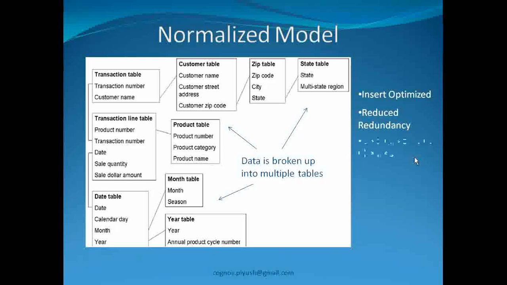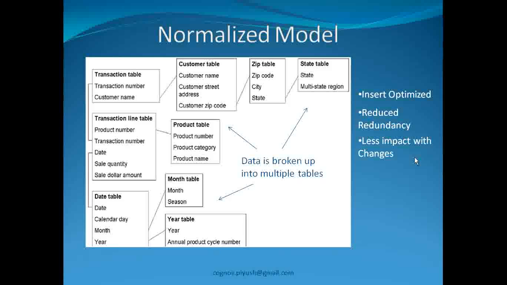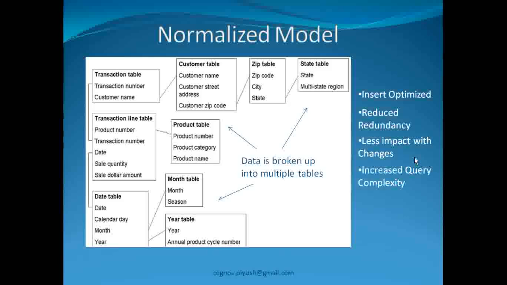There is less impact from changes to the database. You can see here if a product category changes, only the product table needs to be changed, so no impact on the other tables. They are just interconnected with the help of joins and relationships.